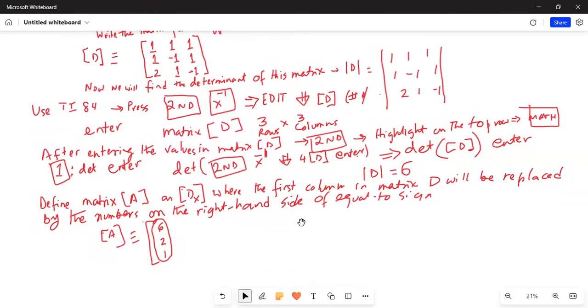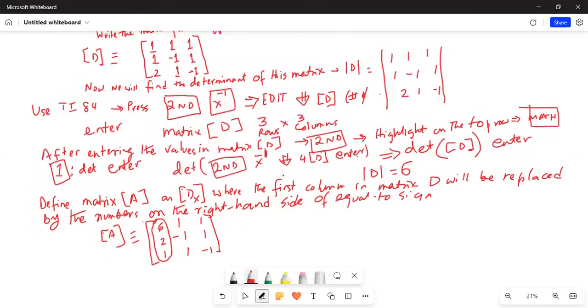Then we use the remaining numbers same as matrix D: the next column is 1, 1, and minus 1. Only the first column has been replaced by the numbers on the right hand side of the equal to sign, and we call this matrix A.